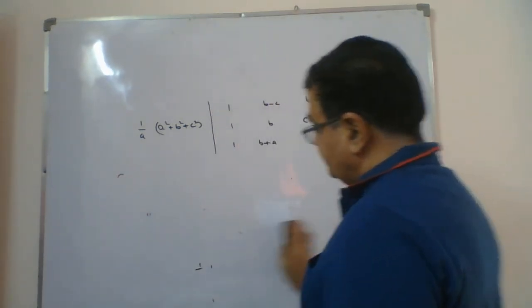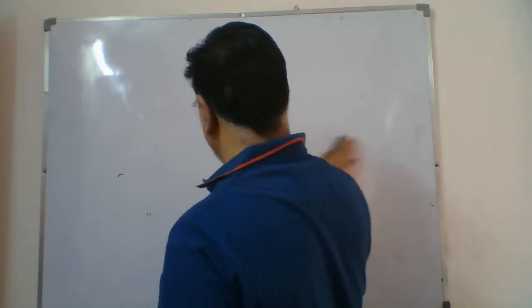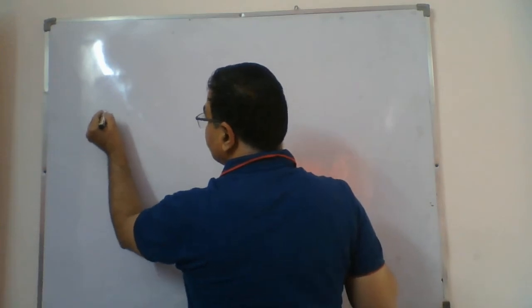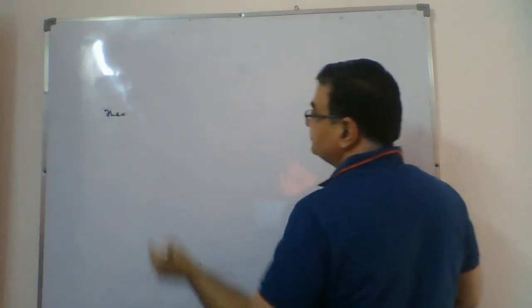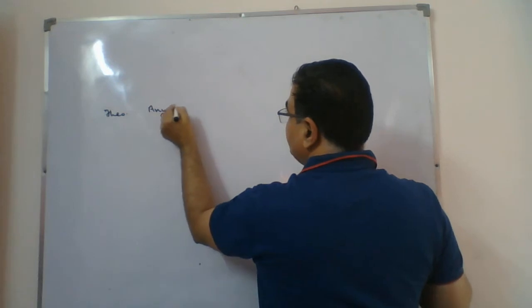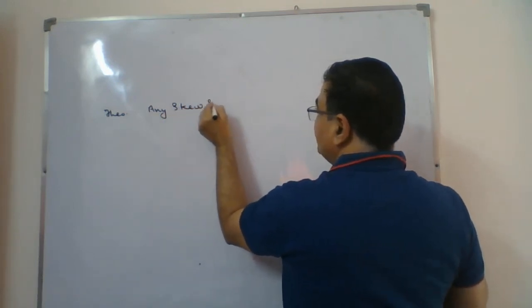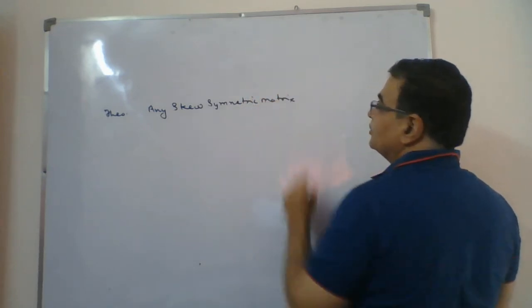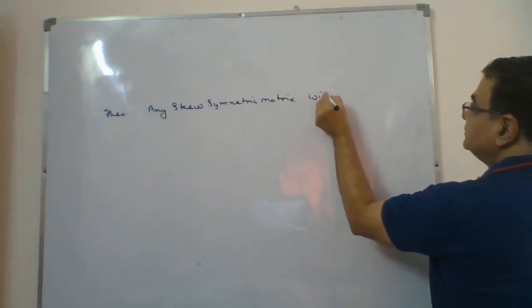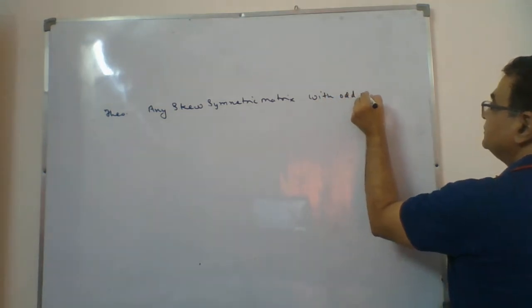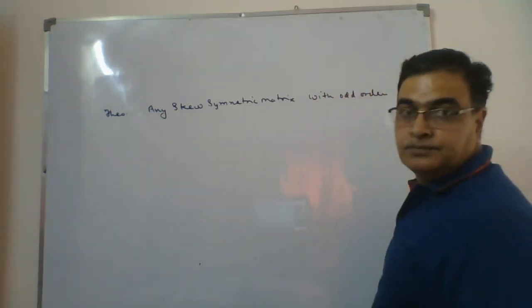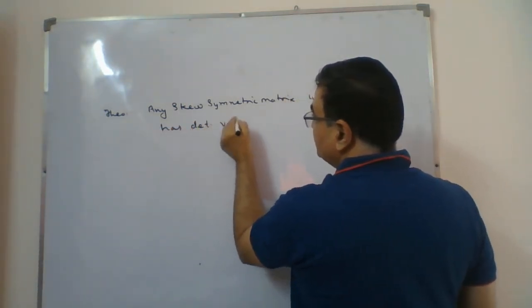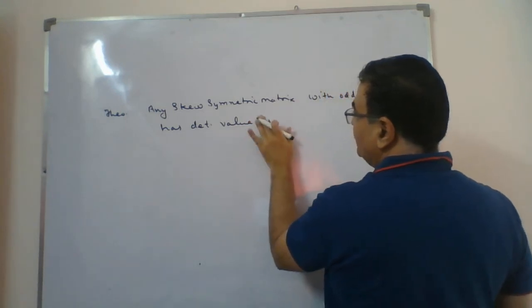The next question says that if you have any skew symmetric matrix with odd order, its determinant value is always 0.